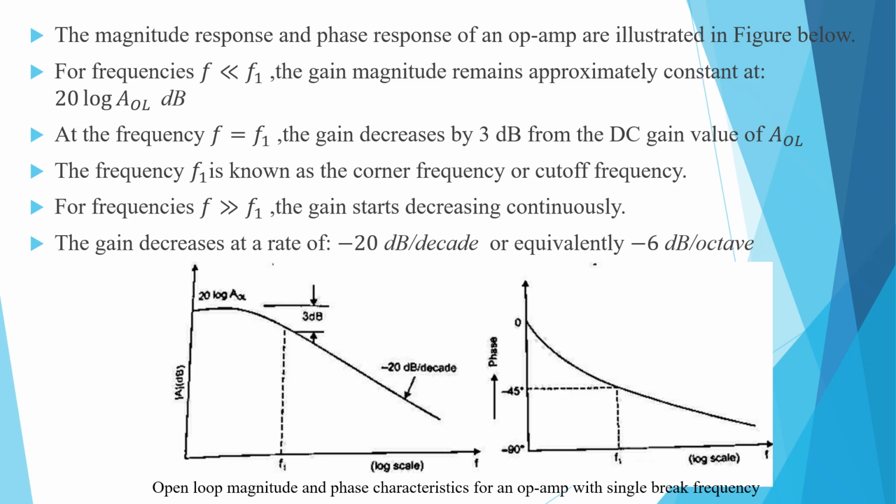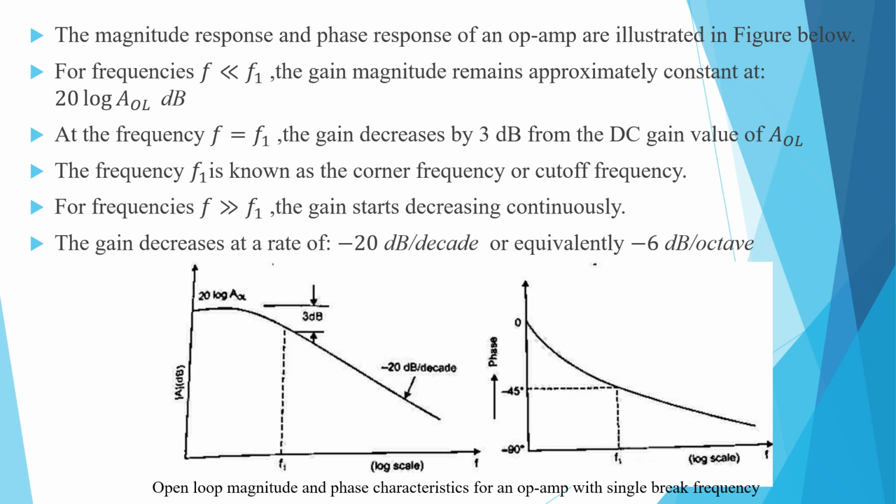The frequency response of an op-amp is represented using magnitude and phase response curves. At very low frequencies, specifically when the operating frequency is very less, the gain magnitude remains approximately constant at 20 log AOL dB. At the frequency when f equal to f1, that is corner frequency, the gain decreases by 3 dB from the DC gain value of AOL.